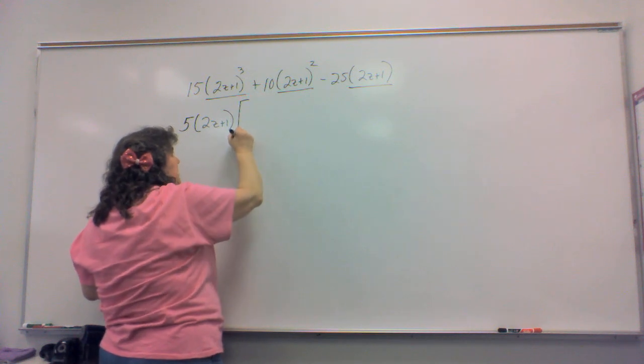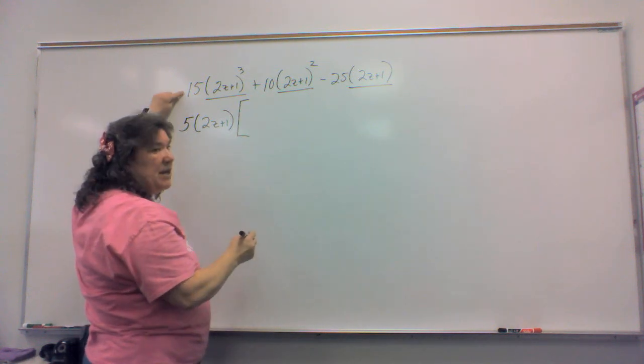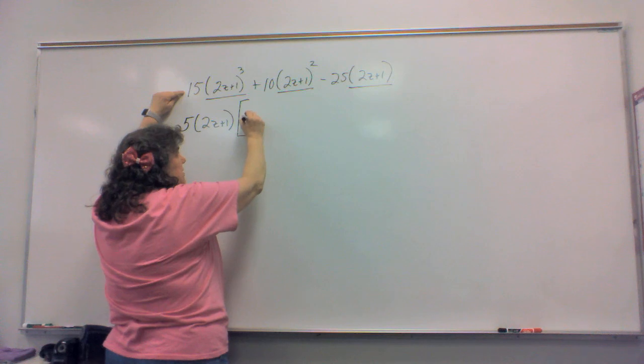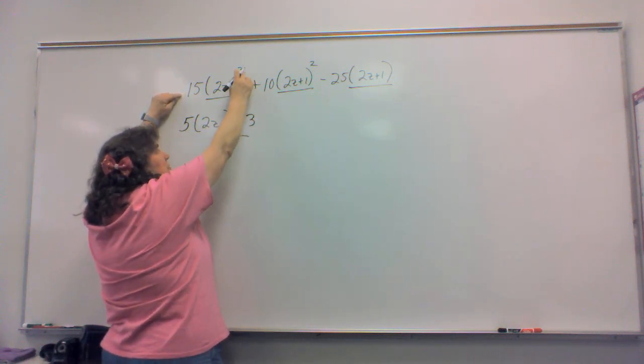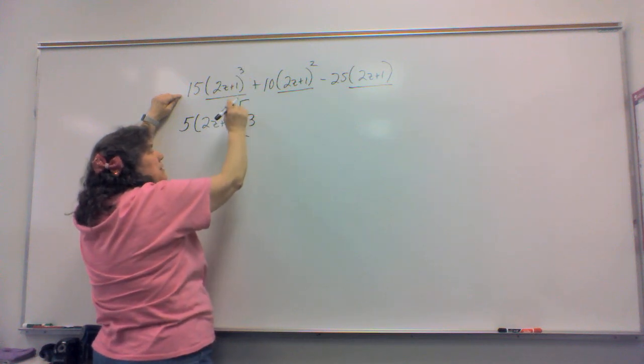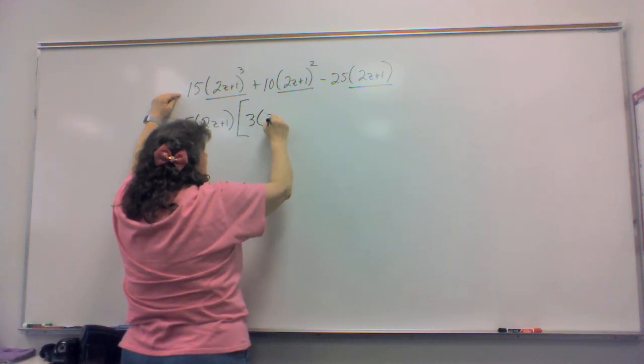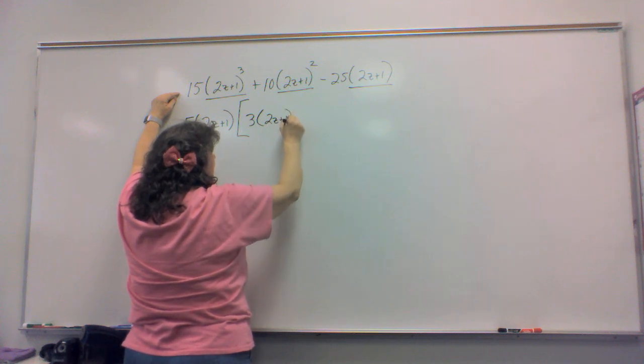Now, what's left? Well, 5 times 3 is 15, so 3 is here, 15 divided by 5. (2z plus 1) to the third divided by (2z plus 1) to the second will be (2z plus 1) squared.